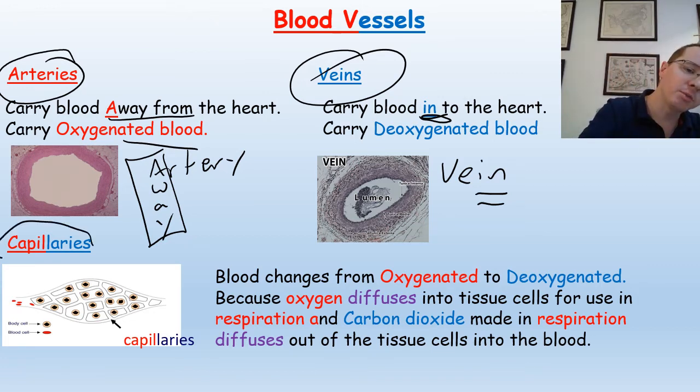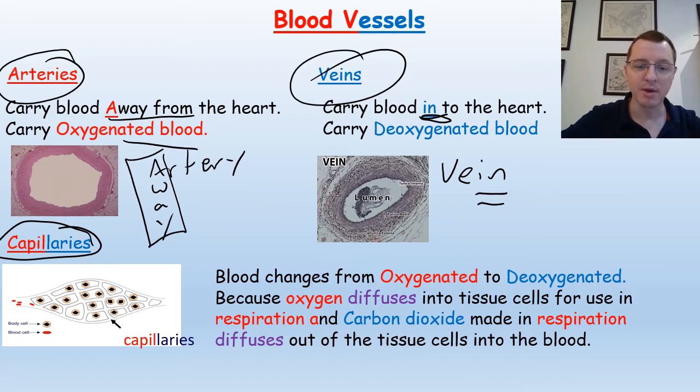But there is a third blood vessel, the capillaries. In a capillary, I generally write them with a red start and a blue finish because the blood will change from oxygenated to deoxygenated because the oxygen is diffusing into tissue cells for use in respiration, and carbon dioxide made in the respiration is diffusing out of the tissue cells and into the blood.